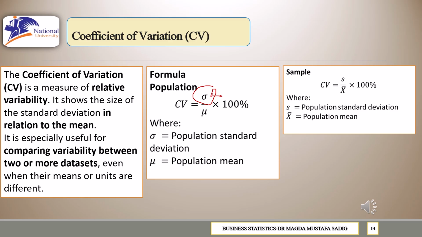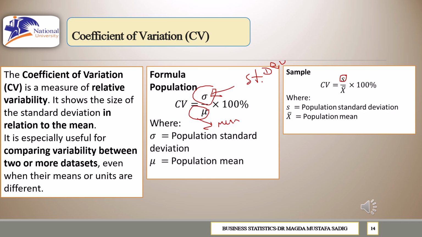This is the standard deviation for the population, and mu is the mean of the population. For the sample, it will be small s divided by x bar, and then we multiply by 100%.